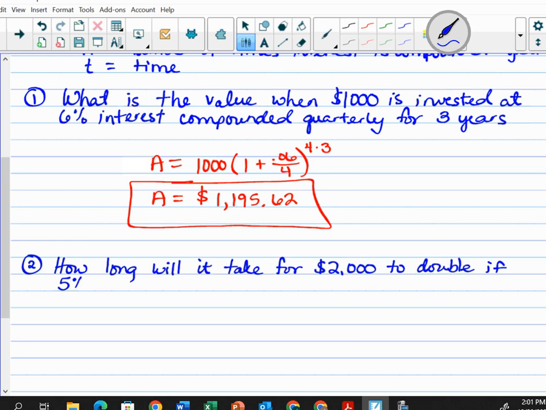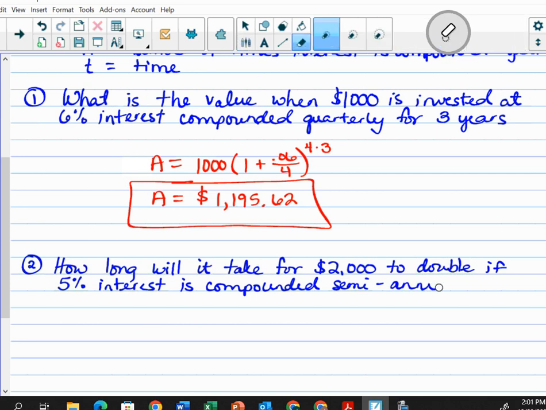All right, new problem, guys. Focus. How long will it take for $2,000 to double if 5% interest is compounded semi-annually? Try the setup first.